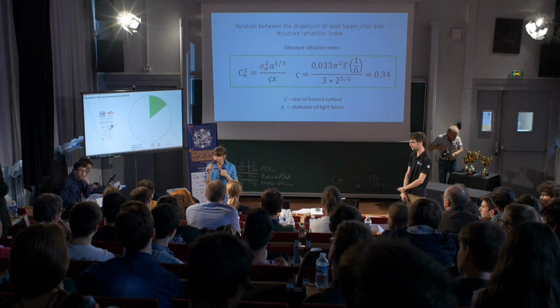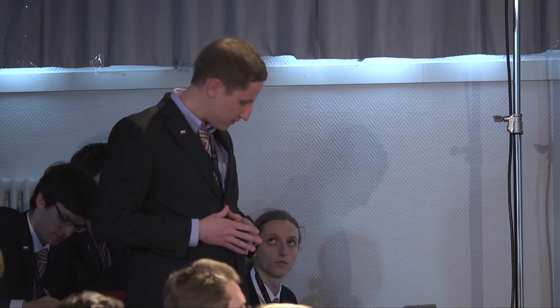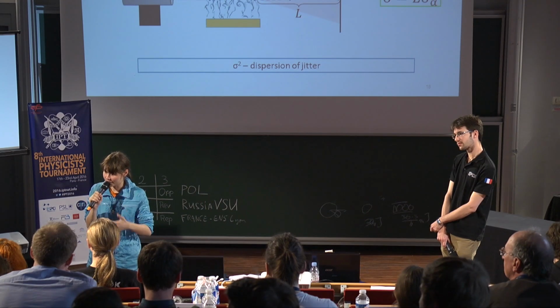The error of measurements for the thermocouple is 1 degree. But there is some point about it, we may discuss it. Okay, thank you. And how far from the laser did you measure the diameter of the beam? We measured the initial size of the laser just after the laser. Okay.